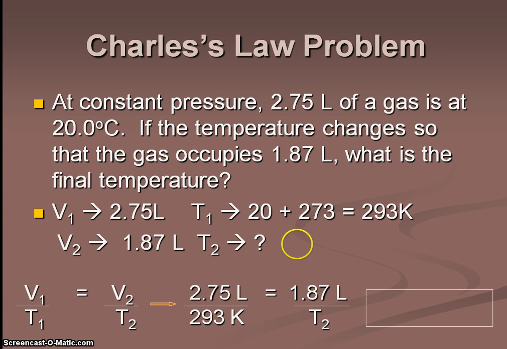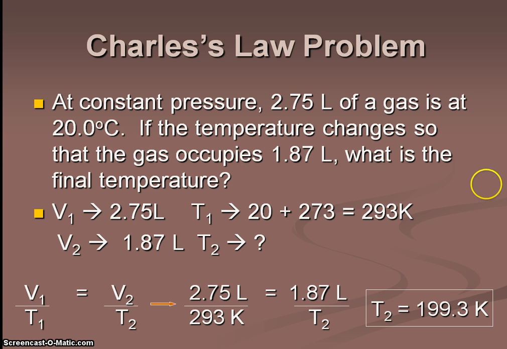So you would do 1.87 times 293 equals 2.75 times T2, and solve for it that way. And then always check and make sure your answer makes sense. Notice that our volume went down, and since volume is directly related to temperature, your temperature should also drop. So we started at 293, we ended at 199, so that makes sense.